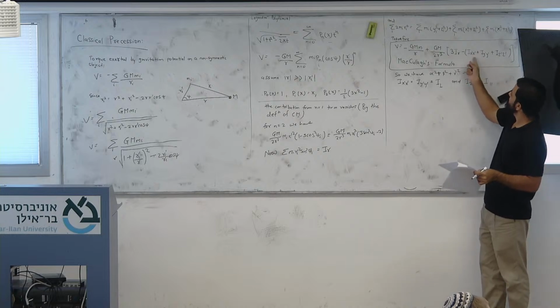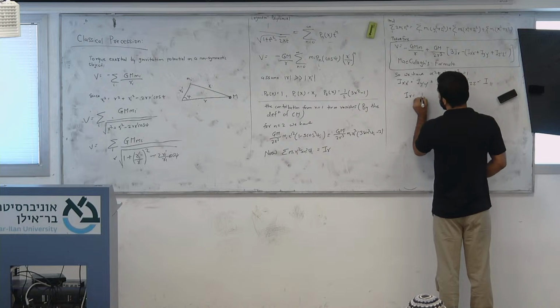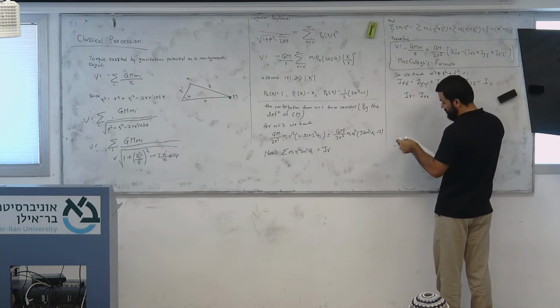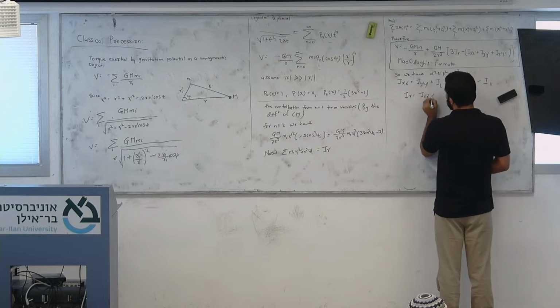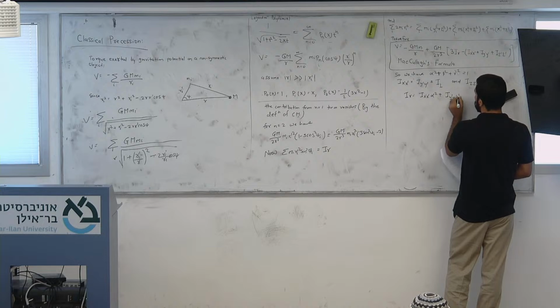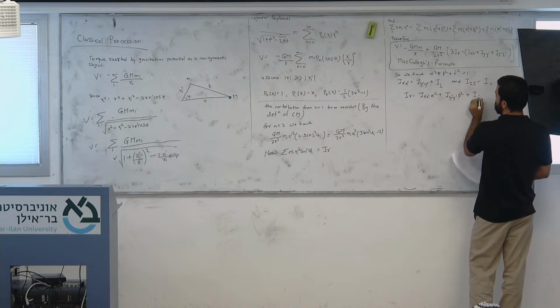So first let's write down the I R first, because I R is I x prime alpha square plus I y prime beta square plus I z prime gamma square.